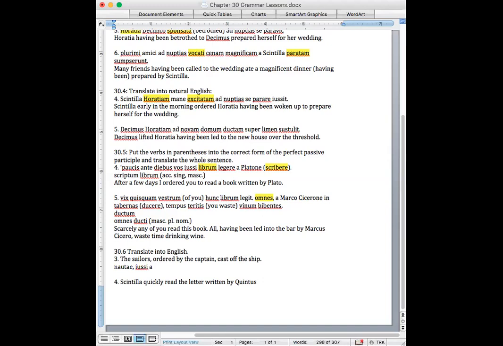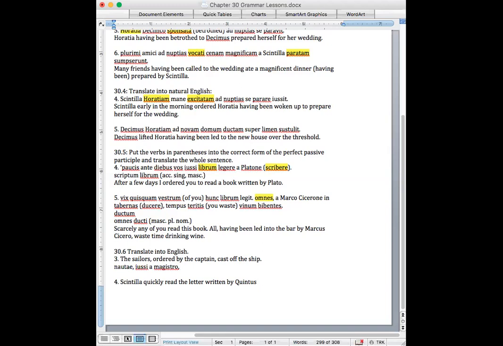So by the captain. So he's a person, so we can use our preposition. What are we using as our word for captain? Just using magister. Okay, that's fine. So we're gonna make it ablative. Ordered by the captain, cast off the ship. I think they will use solvo for cast off.